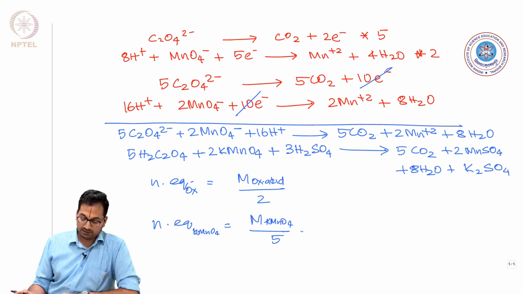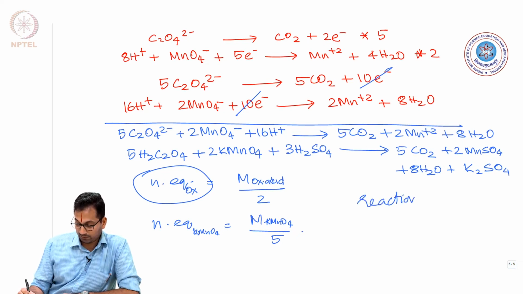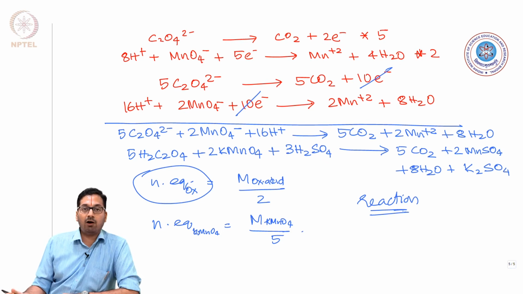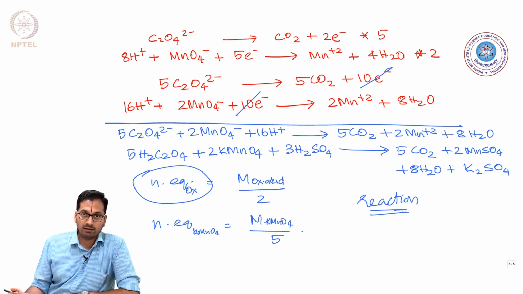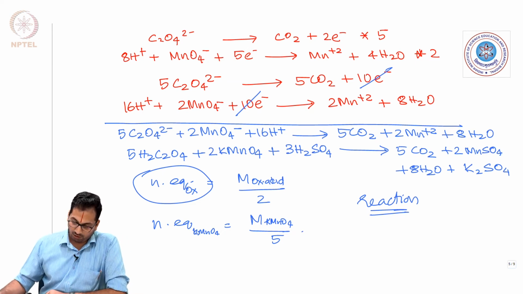So this helps you understand that the concept of equivalence is dependent upon the reaction that you are putting the chemical through. Without an idea of what reaction you are going to be using the chemical for, you cannot define the number of equivalents. So far we have seen examples of number of equivalents determined for a neutralization and a redox reaction.